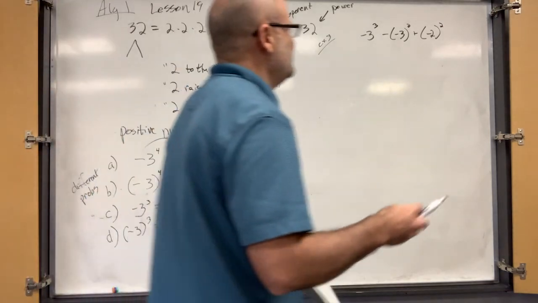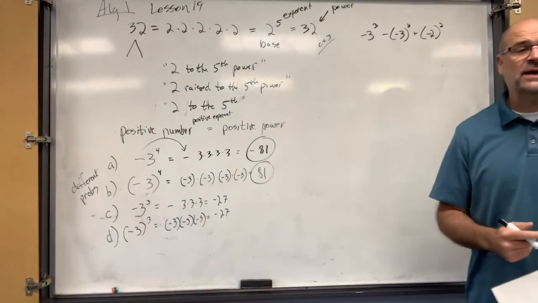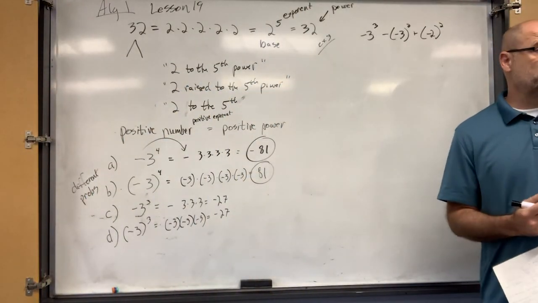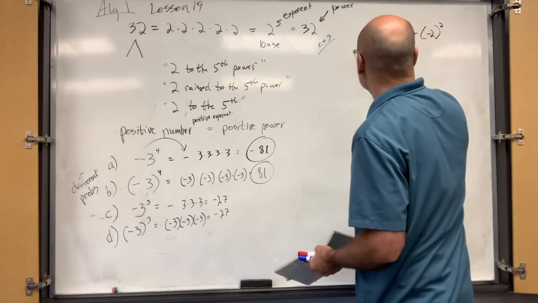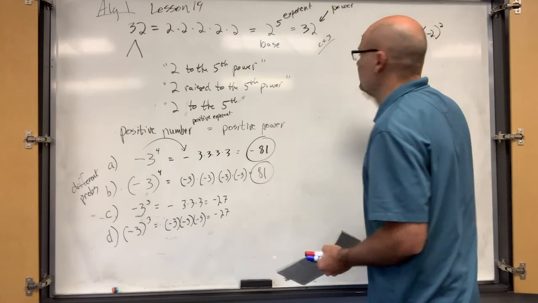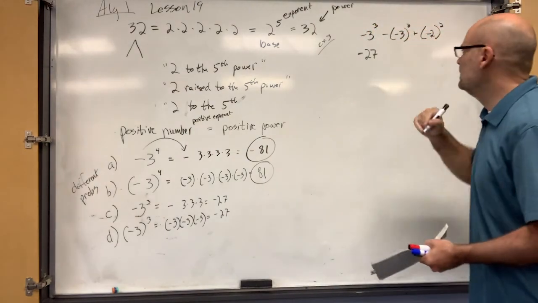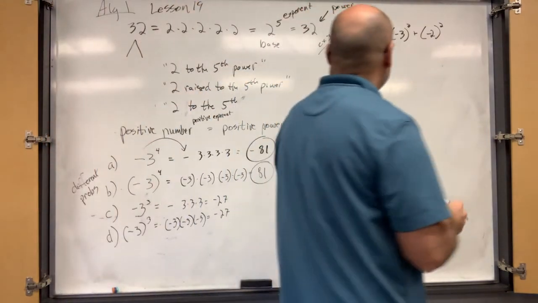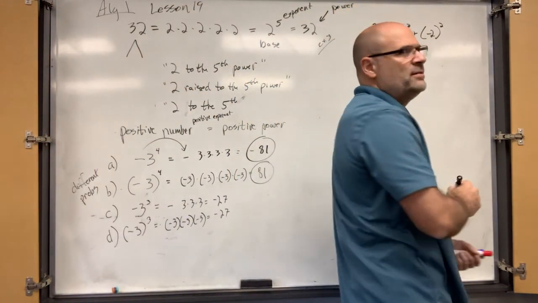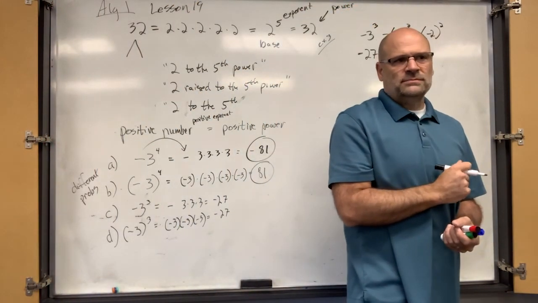Okay, what'd you get for negative 3 to the 3rd power? Negative 27. Did you guys say negative 9? Yeah. All right. There's where we got Nathan. What about negative 3 squared?